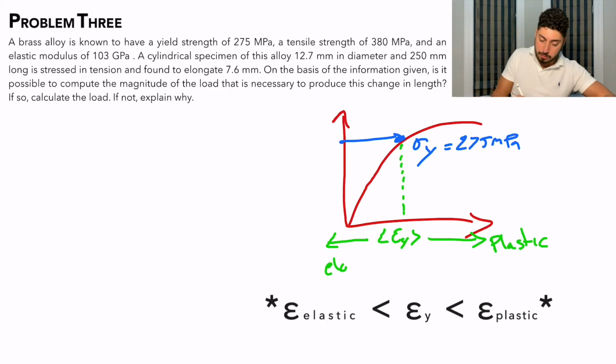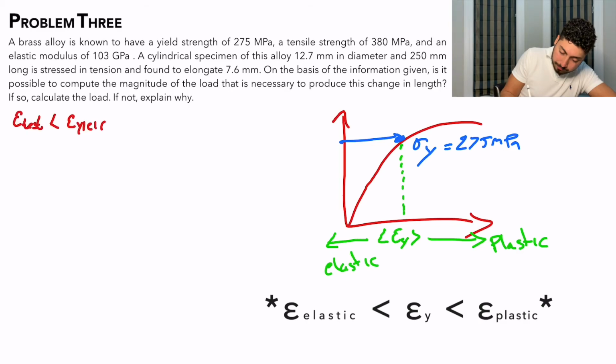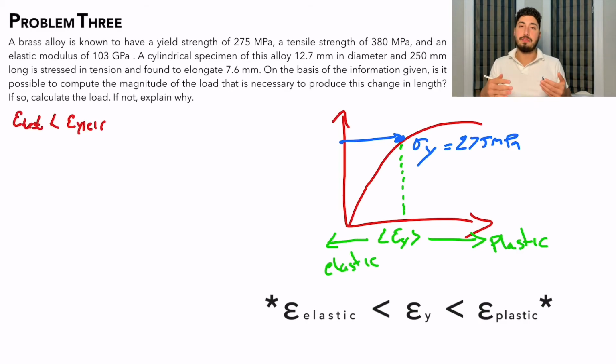So let's write down an inequality. If our strain at our test conditions is less than our strain at yielding, then our deformation is elastic and we have enough information to solve this problem. So let's go ahead and calculate both and see if our inequality holds or not.